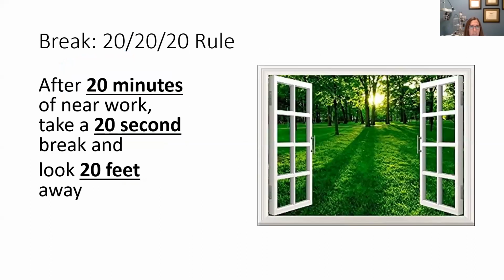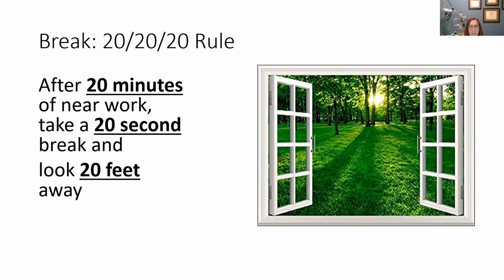The last thing here is just taking a break. As optometrists, we have this 20-20-20 rule. So after 20 minutes of near work, you want to take a 20-second break and look 20 feet away. So again, this rule just means that when you're doing near work, think about actually taking a break and looking off in the distance.